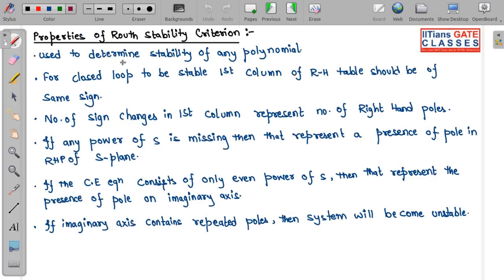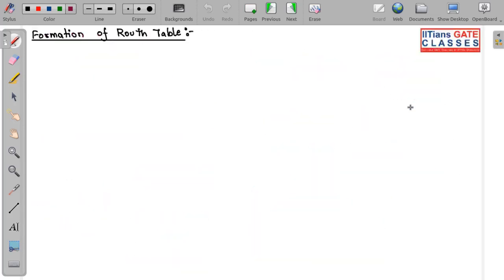So next, number of sign changes. This we are going to see in the Routh table. Now let us see how to formulate the Routh table very quickly. Suppose our characteristic equation is 1 plus GH(s) equal to 0.